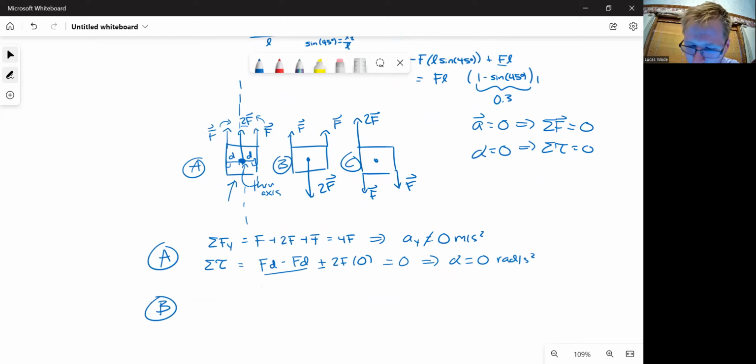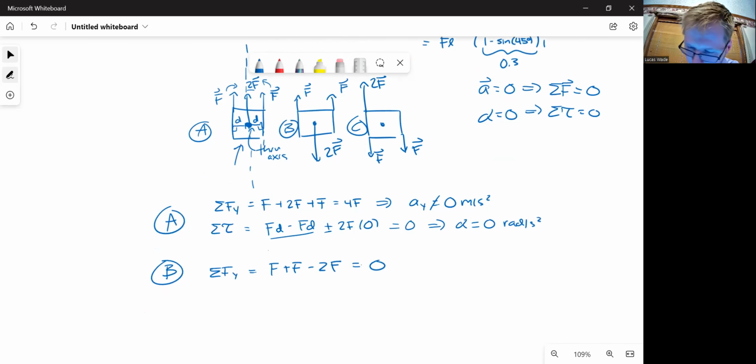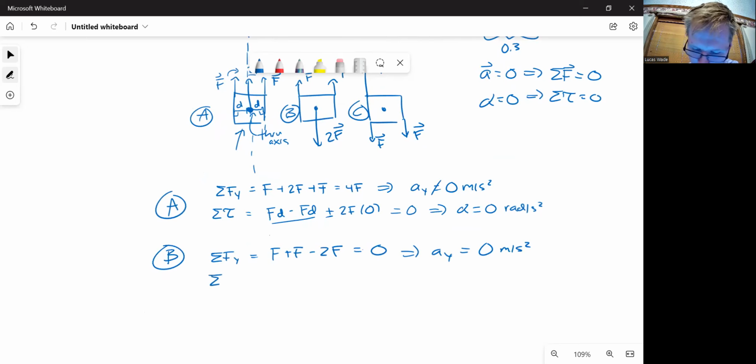What is the net force on that block? Zero. Yep, F plus F minus 2F, that's 0. So translational acceleration is 0. What about the net torque?